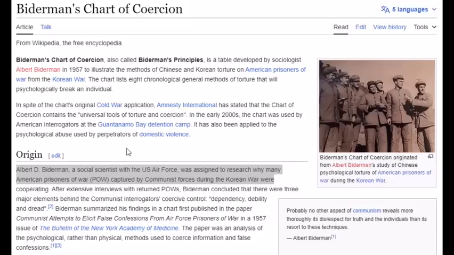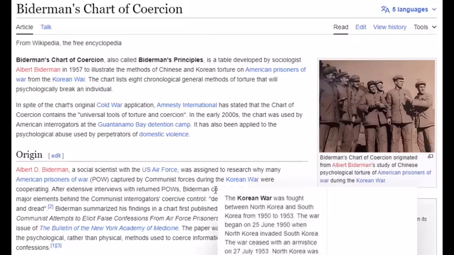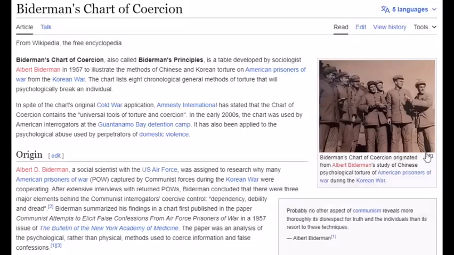Here's the Biderman's chart of coercion. You see the poor Americans in Korean prison camps, and here it says Albert Biderman, a social scientist with the US Air Force, was assigned to research why many American prisoners of war captured by communist forces during the Korean War were cooperating.